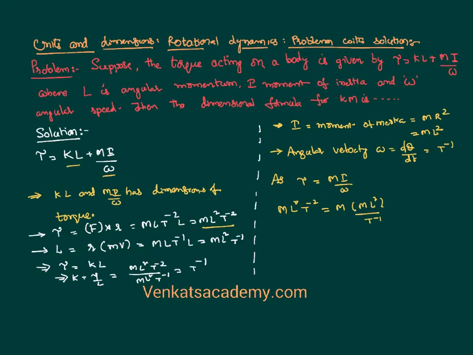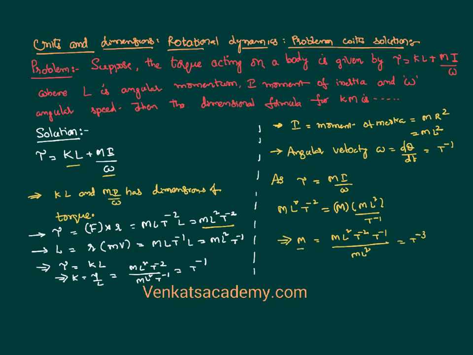So I can calculate the dimensions of this M, not a mass, this is the M that we want to calculate. M equal to M L square T power minus 2 into T power minus 1 by M L square. So M L square will cancel. M has the dimensions of T power minus 3.